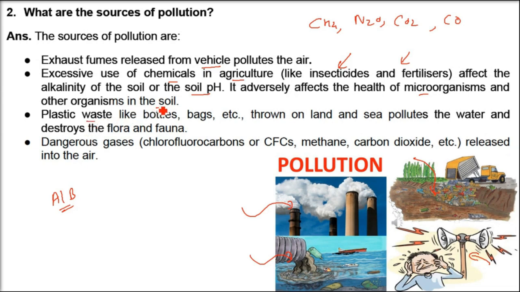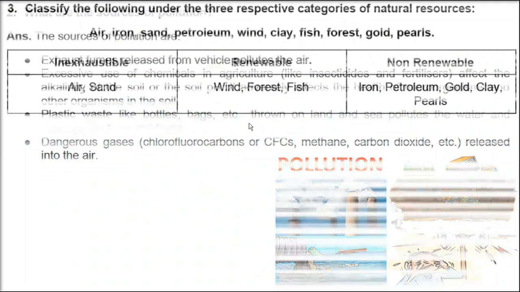We shouldn't use plastic waste bottles, and flora and fauna should not be destroyed by our action. Dangerous gases like CFCs, chlorofluorocarbons, are very important. CFCs directly attack ozone, and with methane and carbon dioxide they are released into the air. That will create a lot of trouble in our life. Our life is in danger, I'm telling you.